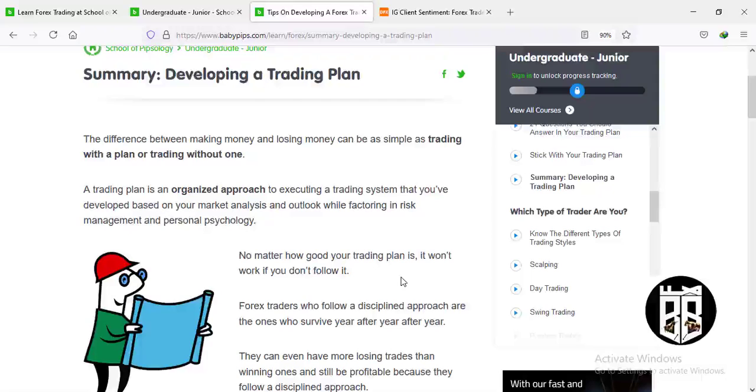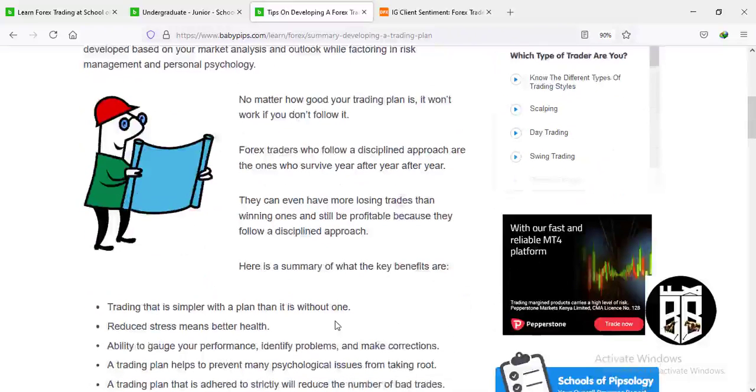A trading plan is an organized approach to executing the trading system that you have developed based on your market analysis and outlook, while factoring in risk management and personal psychology. Do you get it? No matter how good your trading plan is, it won't work if you don't follow it. Forex traders who stay disciplined, with rock solid discipline, are among those who have made it in the forex market.